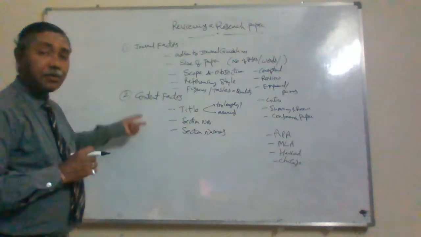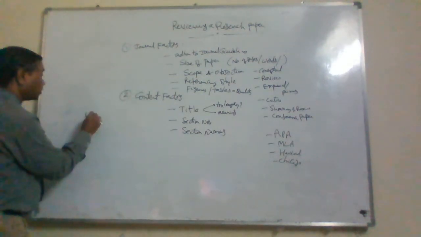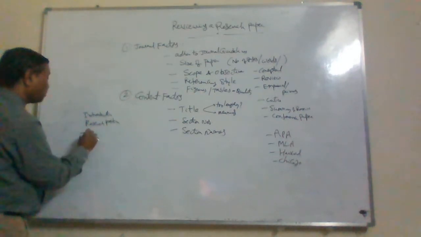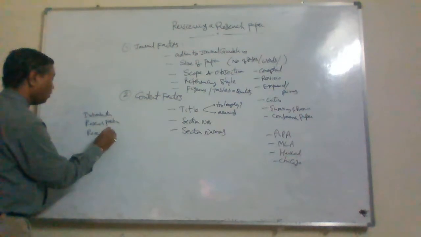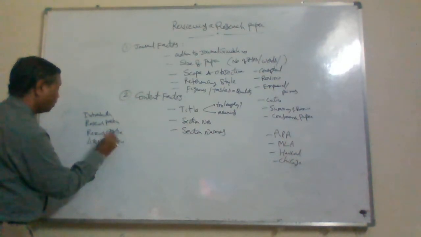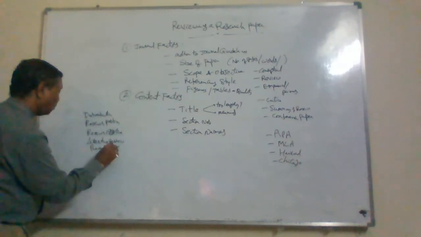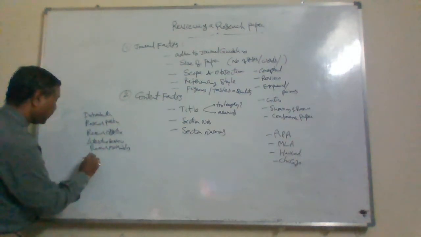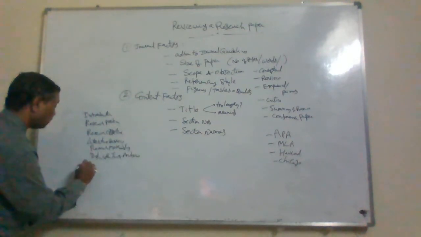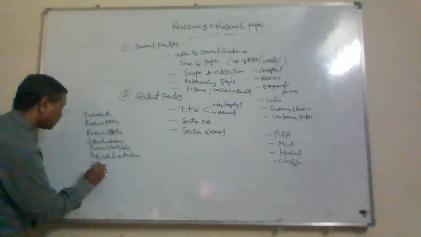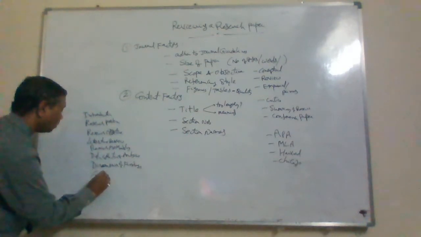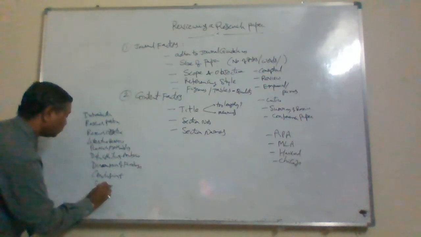For example, some journals say you have to have a template like this: introduction, research problem, research objective, literature review, research methodology, data collection and analysis, discussion of findings, conclusion, and scope for further study.